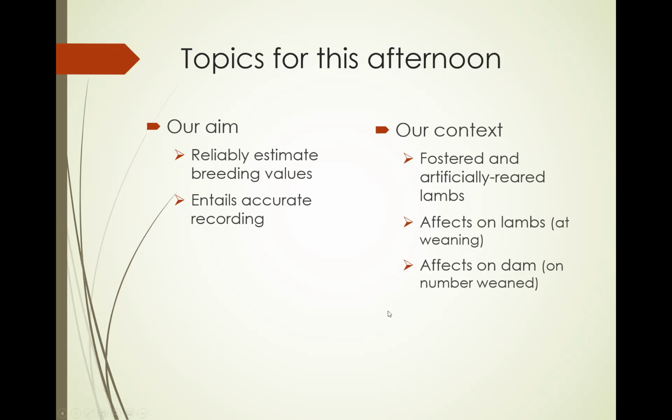And then I want to get into the context of fostered and artificially reared lambs and how our recording that we adopt affects the lamb, particularly at weaning time, and how we evaluate it. And as importantly, the dams of those lambs, primarily in terms of the number of lambs a ewe or a dam is accredited for at weaning time. So that would be the context of where we go.